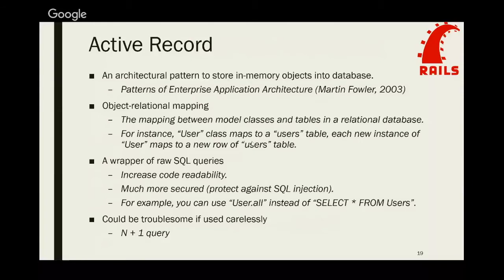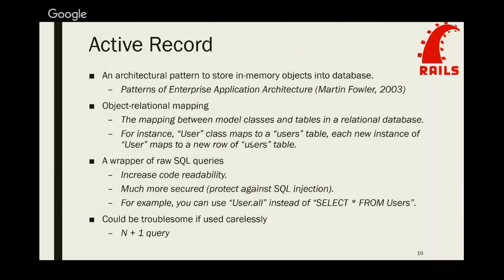And then in Ruby on Rails, due to this wrapper, if you want to write select star from users, which basically means that you want to select all the rows in the users table, you can just write user.all. So it's really clear and clean code.